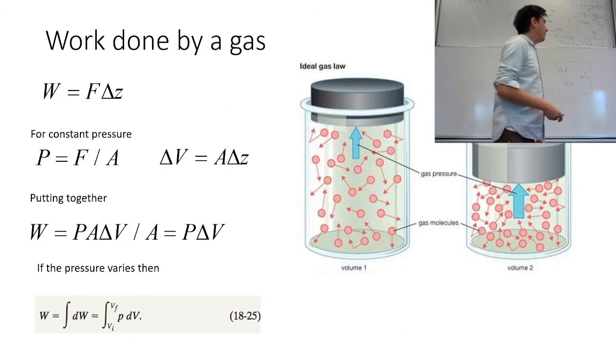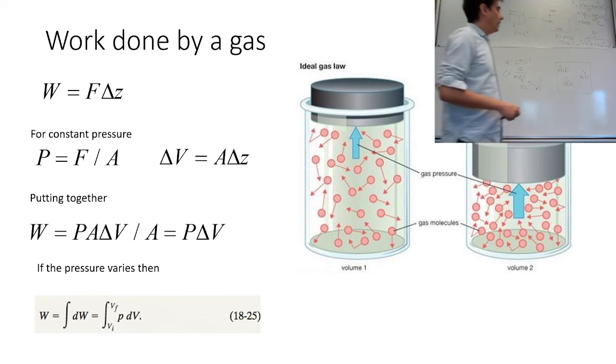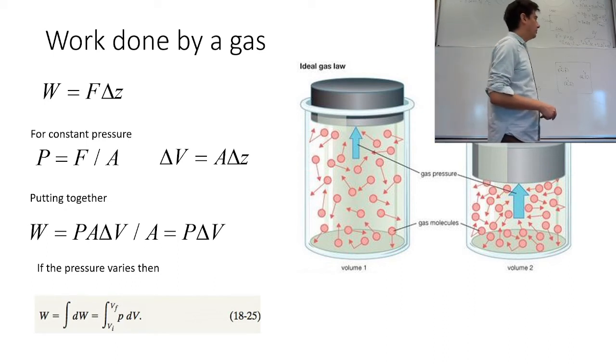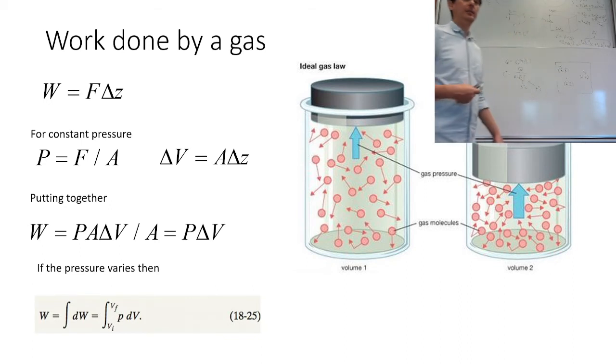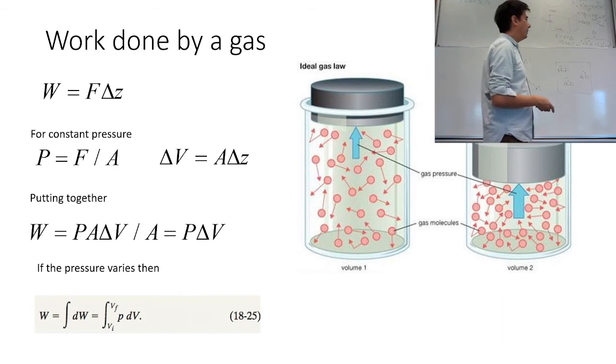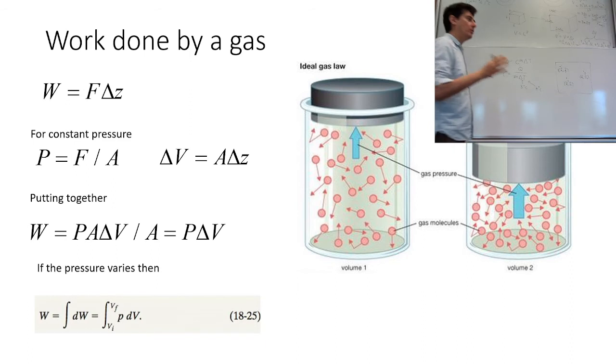Okay, so we've talked a little bit about what heat is, but we can also talk about the work done by a gas. If you remember work, as we just did in the mechanics chapter, work is force times distance, as long as the force is constant.